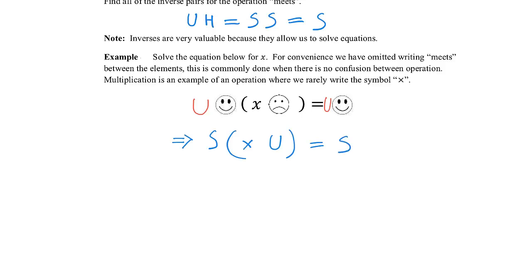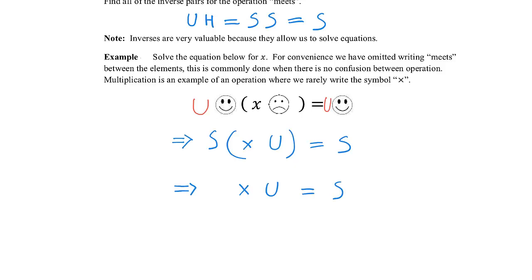So the nice thing about applying that inverse to both sides is you got the identity out of that, which is surprised, and the identity can now disappear. So we are left with just x, unhappy, on the left-hand side, which is the same as surprised.